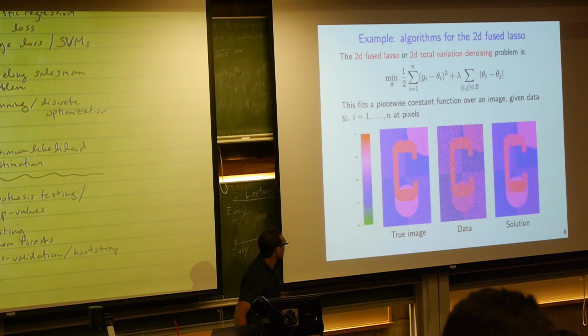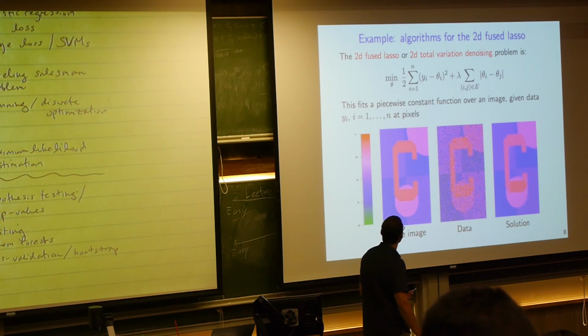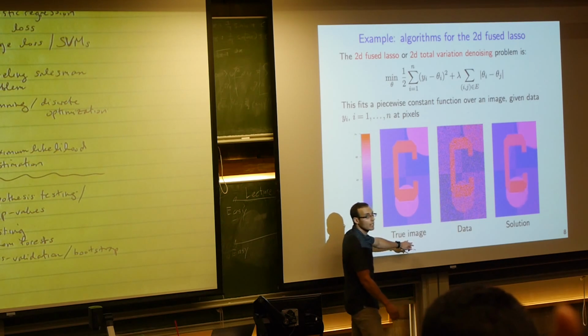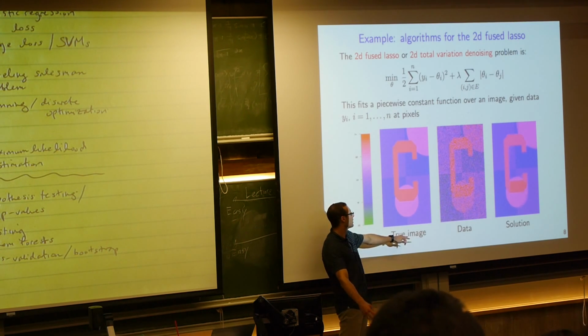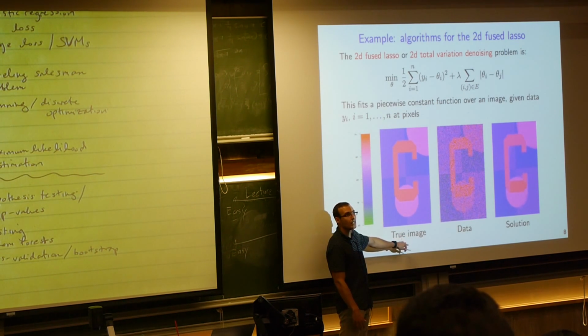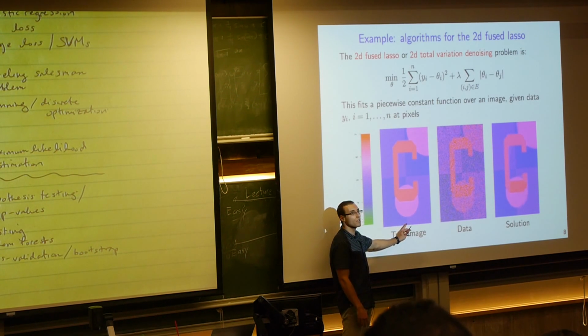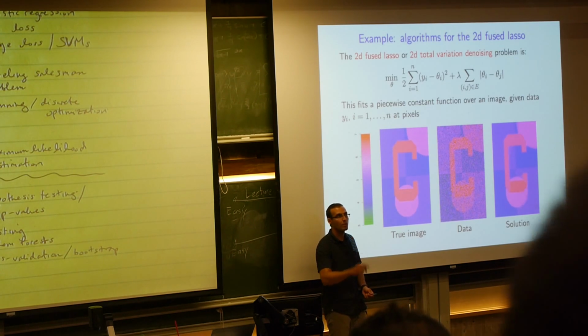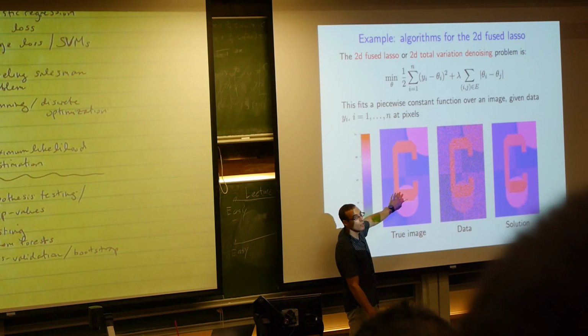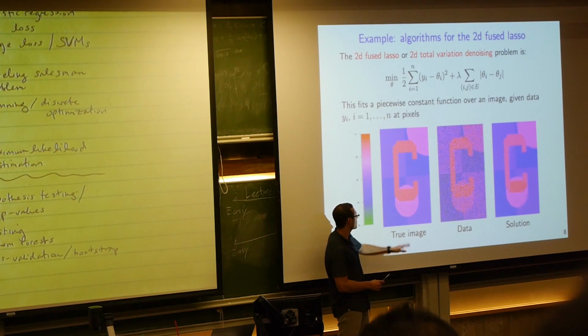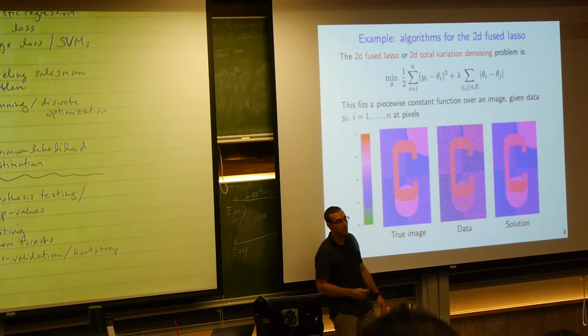And let's suppose that the image we're trying to recover is actually piecewise constant. It's blocky. That means the values of y don't really change much across the image, only on a few edge boundaries do they change. So let's suppose that's the image we're trying to recover.